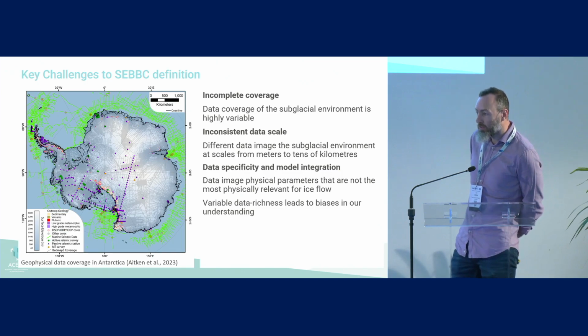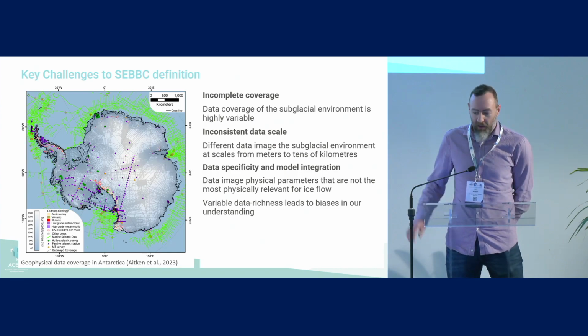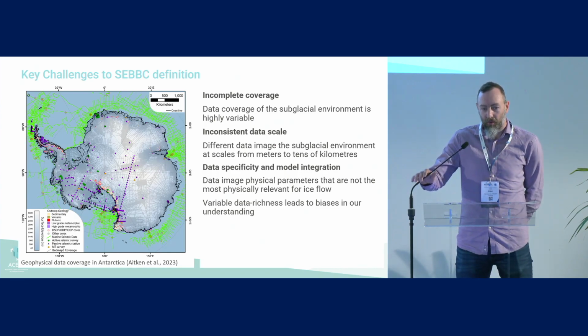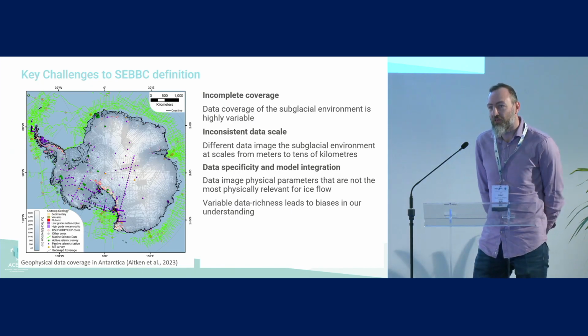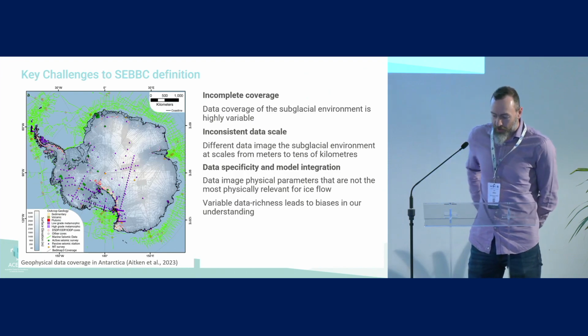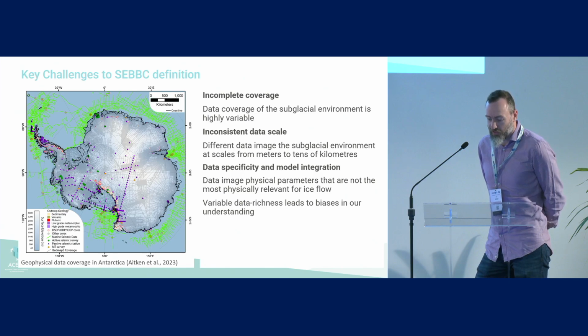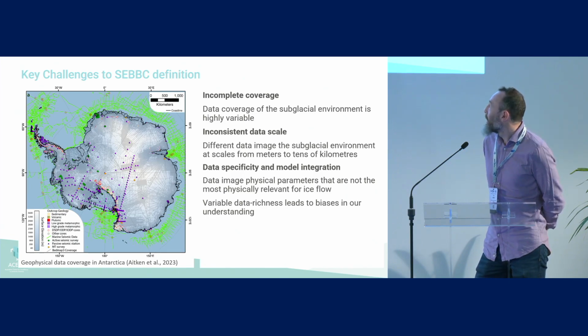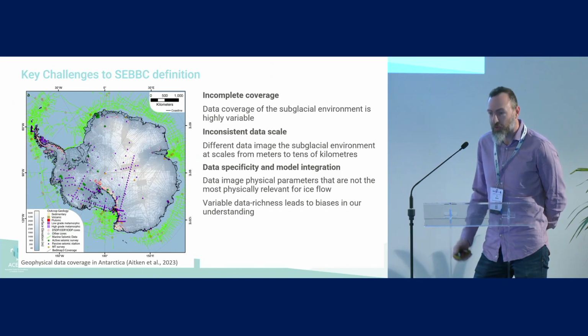And the final thing is that we can't measure maybe what we would like. We have to measure what the techniques are able to define. So there's a challenge there to translate our physical observations into observations of meaning for understanding the boundary conditions themselves. And I think it's really important that, where we have this variable richness of data, spatially and temporally, it does lead to potential biases in our ability to understand things, which may be detrimental to our ability to get it right.